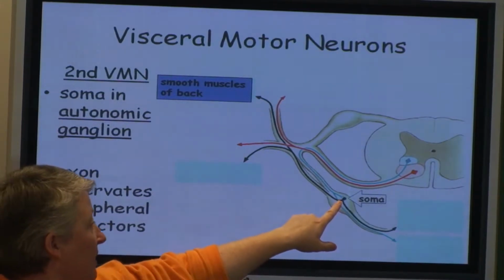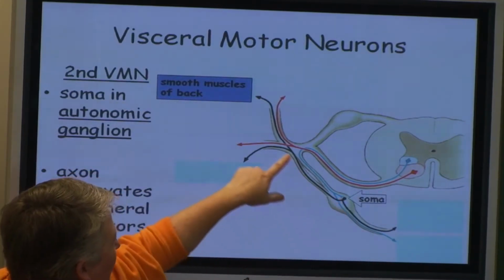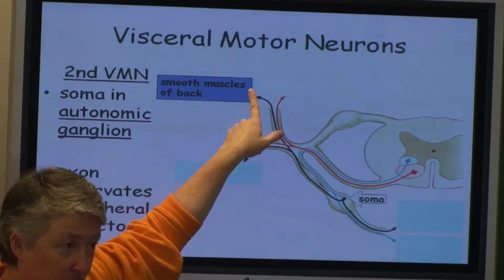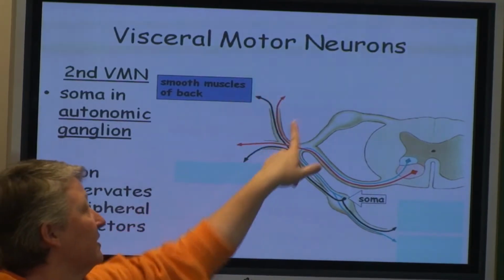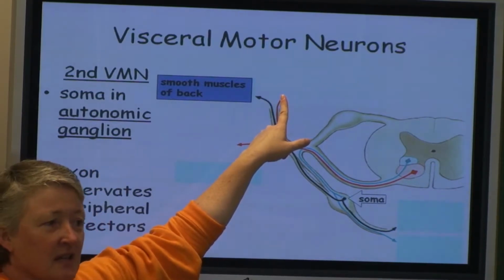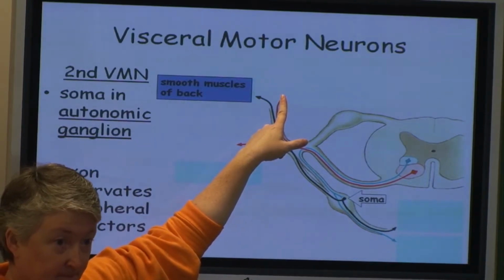Second visceral motor neuron can go several places. It can go out, come back to the spinal nerve, and go out the dorsal ramus to smooth muscles of the back. So anything basically coming out the dorsal ramus is going to some kind of effector in the back, right?